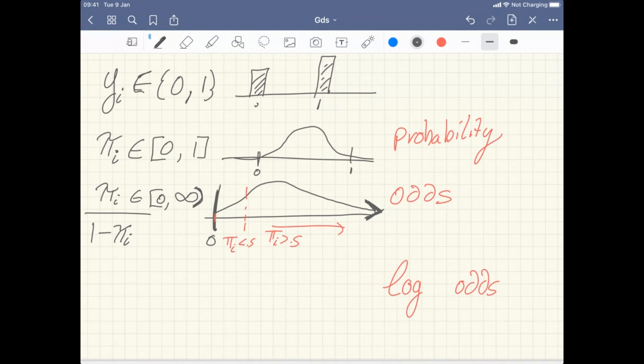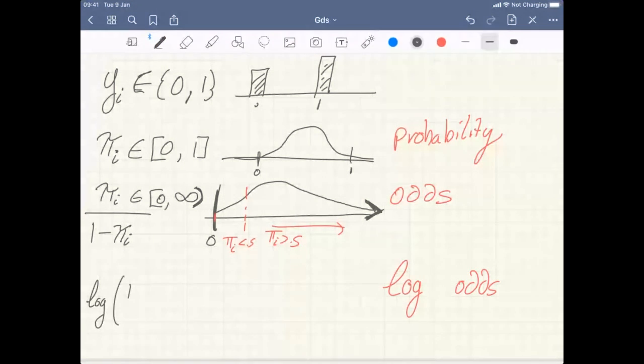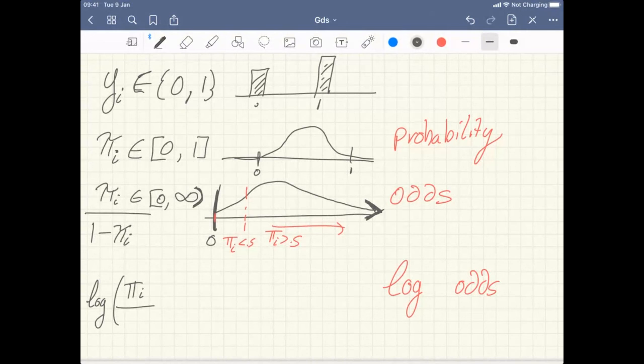So we take the log of pi_i over 1 minus pi_i. Now that exists in negative infinity to infinity. It's 0 when pi is equal to 0.5.